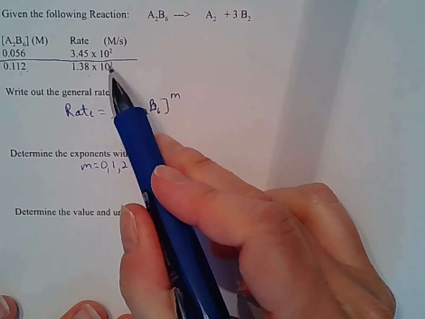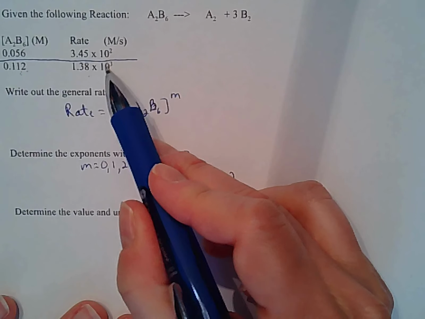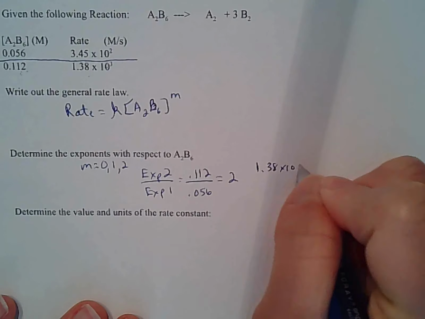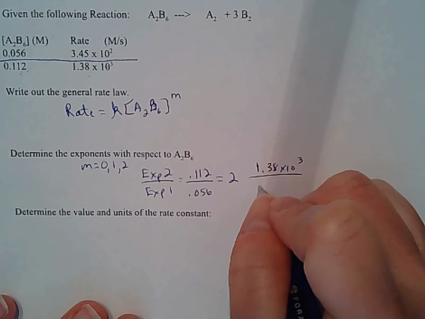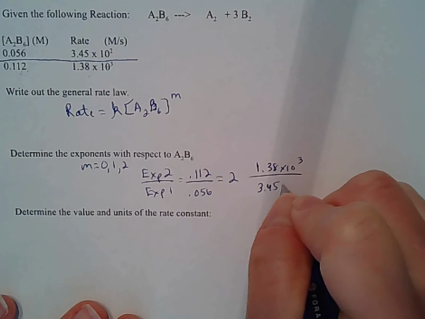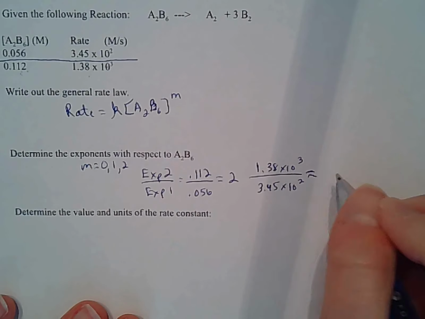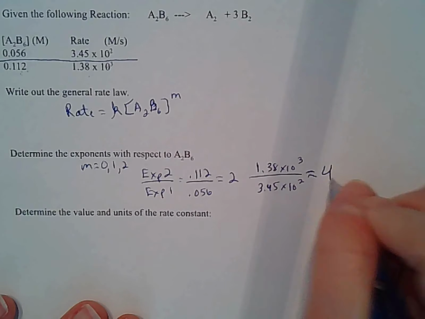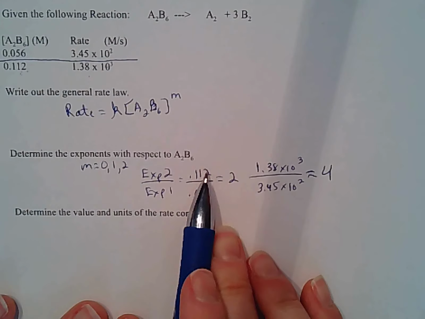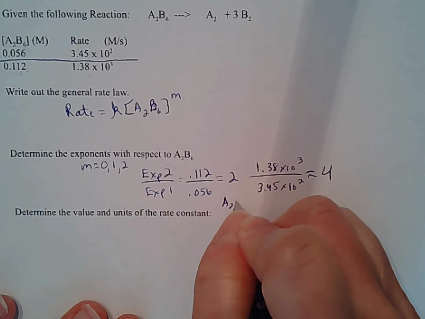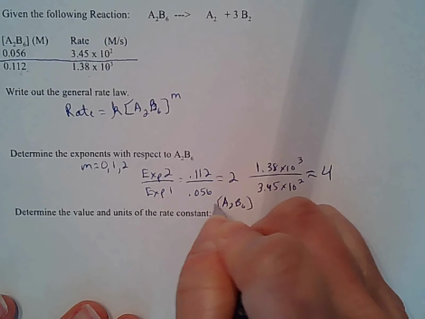I then take a look at the rate for experiment 2 over experiment 1. So I take 1.38 times 10 to the 3rd divided by 3.45 times 10 to the 2nd, and I get approximately, and it's never going to be a perfect number, 4. So what is happening to the concentration of A2B6? It is doubling.